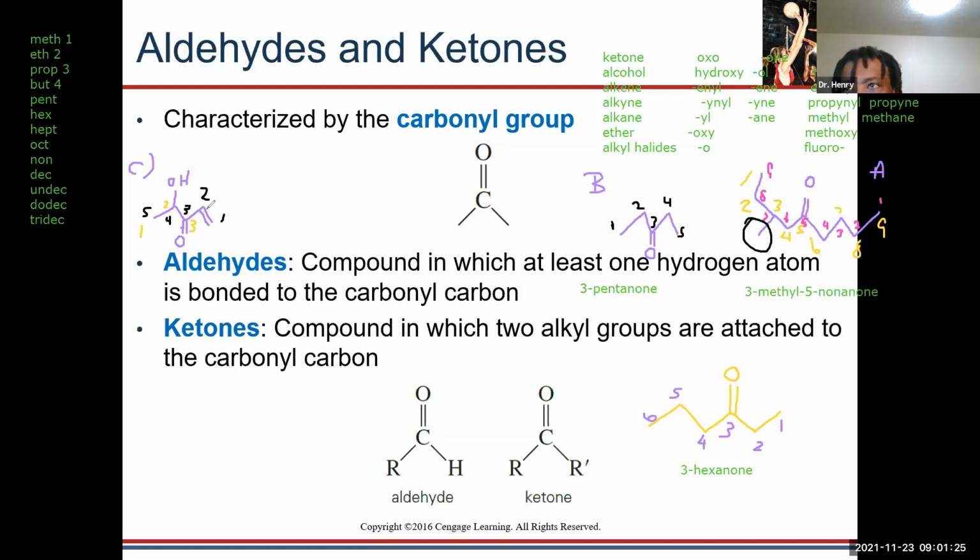So it doesn't matter for our highest priority group. That's 4, 5. So who's second? Who has the second highest priority? The alcohol or the double bond at the end? The alcohol, that's right. So we want to try to give that the lowest, okay?